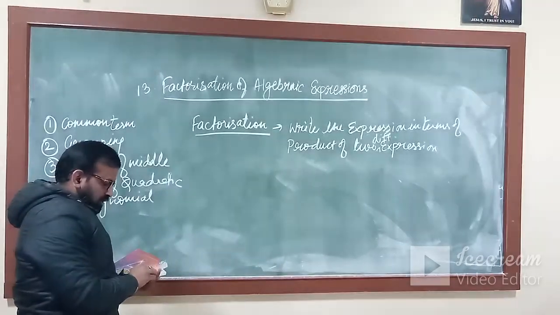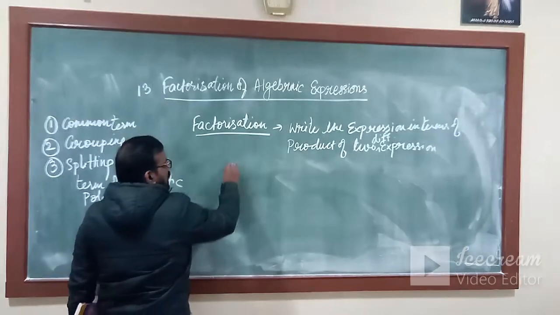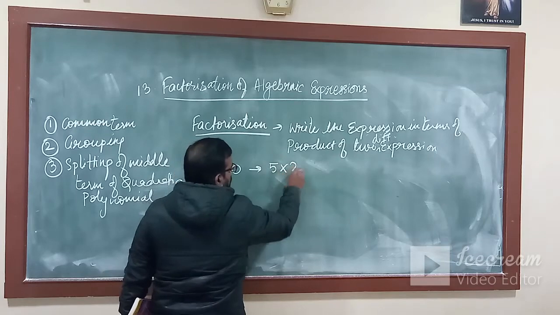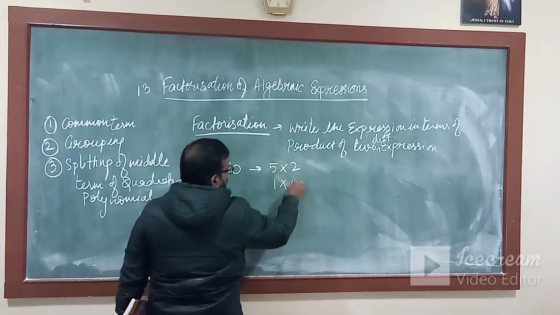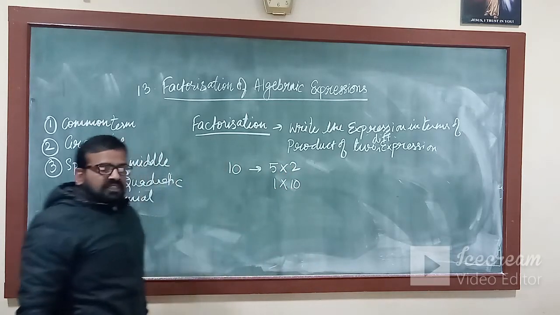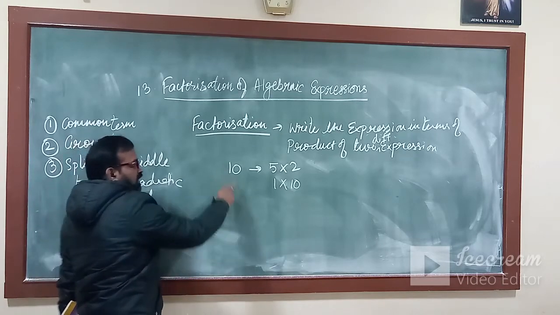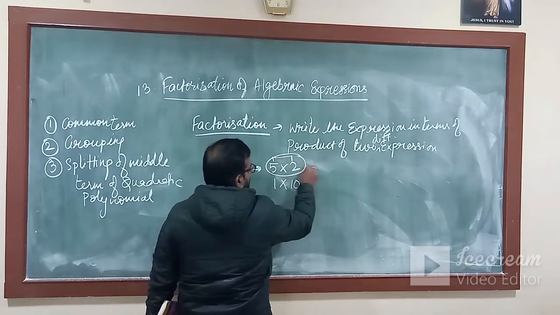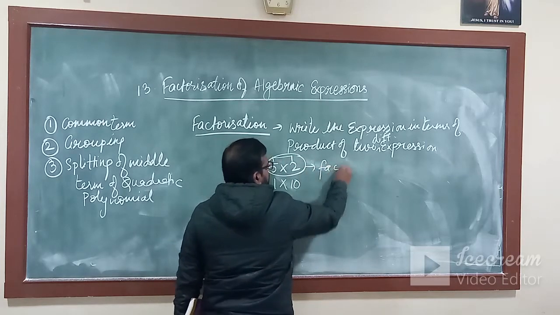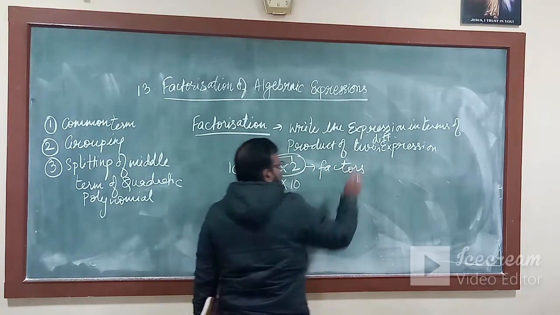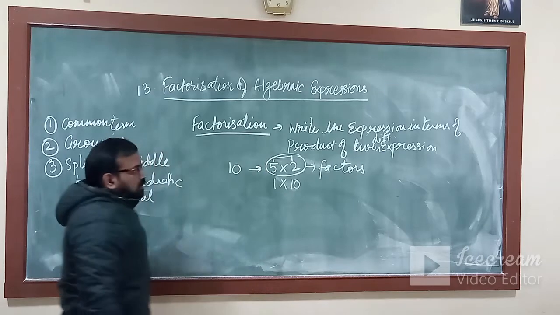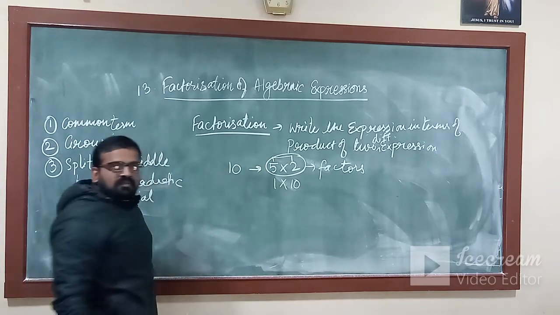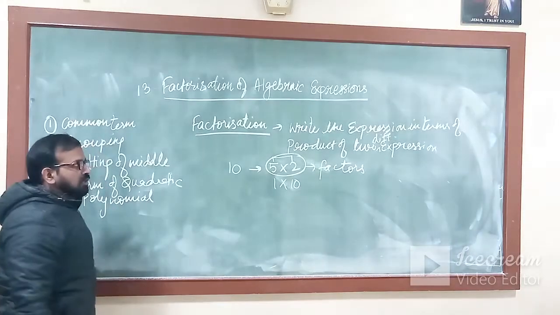For example, you must have seen in your junior classes, when we write 10, it was written as 5 into 2, or 1 into 10. So basically we are splitting this 10 in terms of these two numbers, and these two numbers are called factors. This was the factorization of numerical terms that you have already studied in the junior classes.